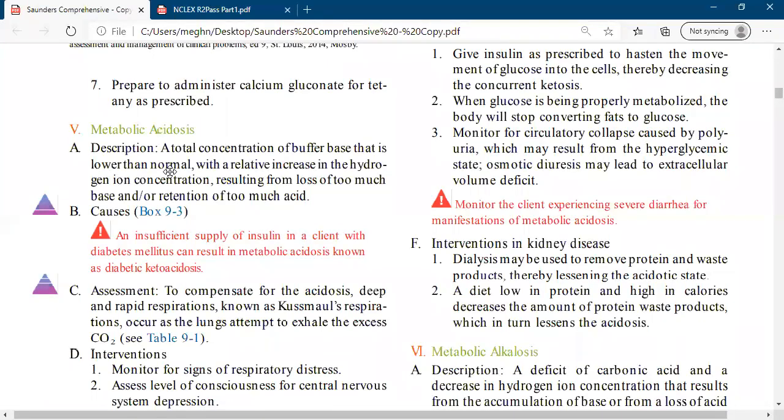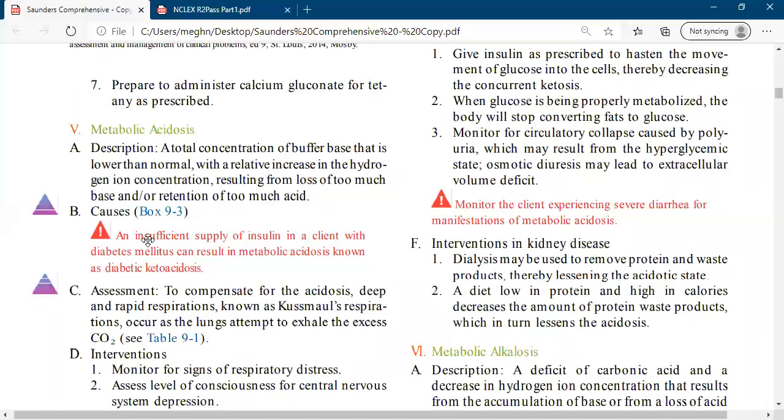And metabolic acidosis, basically an insufficient supply of insulin in the client with diabetes mellitus can lead to metabolic acidosis, or it is called diabetic ketoacidosis.